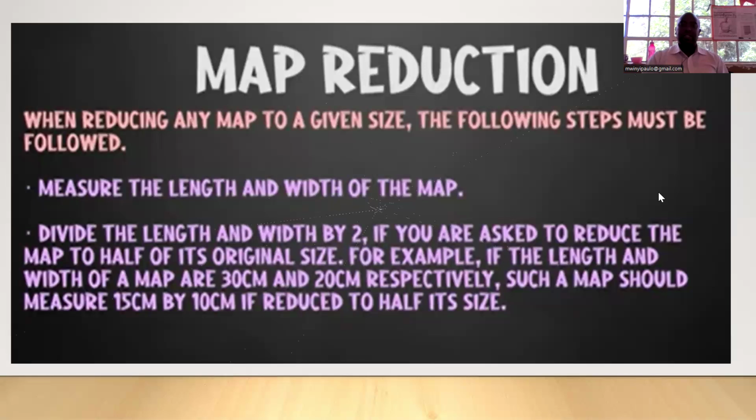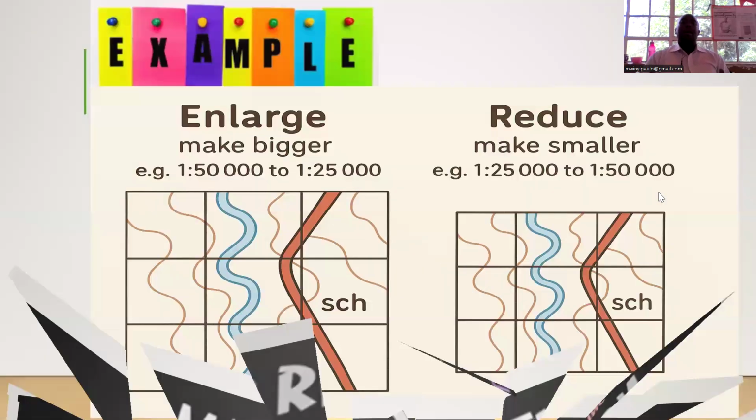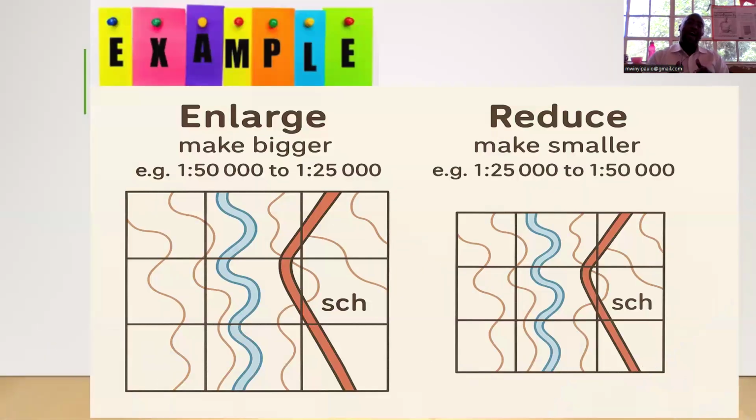We move on. You have an example of an enlarged map and a reduced map. You see, the scale for the enlarged one has changed from 1 to 50,000 to 1 to 25,000.